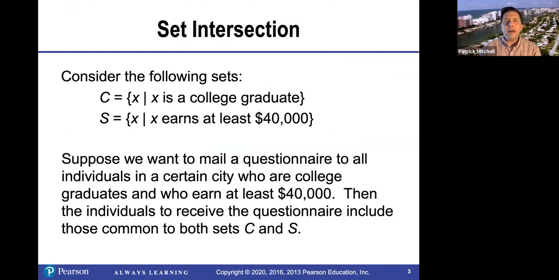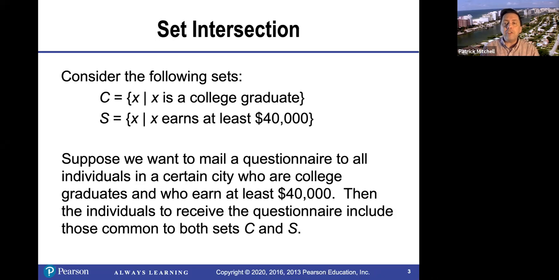So first, we'll talk about the intersection between two sets. Consider the following sets. C is the set of all X such that X is a college graduate. And S is the set of all X such that X earns at least $40,000. Suppose we wanted to mail a questionnaire to all individuals in a certain city who are college graduates and who earn at least $40,000.